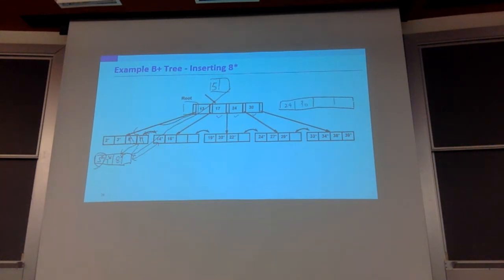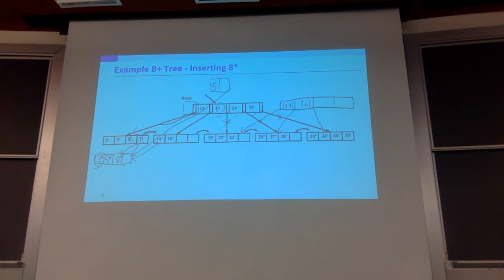Why is that? Because you only need 2 complete index entries to put 3 pointers, right? So basically, you scratch this pointer and point this to here, and scratch this pointer and point this to here, and there's one additional pointer here. So you scratch this one and point that to here.